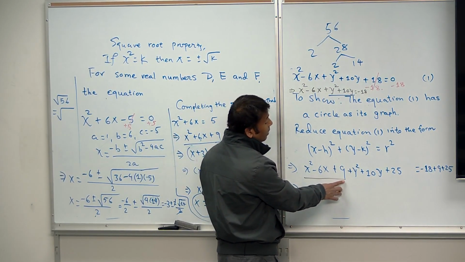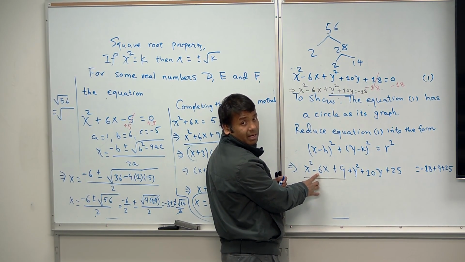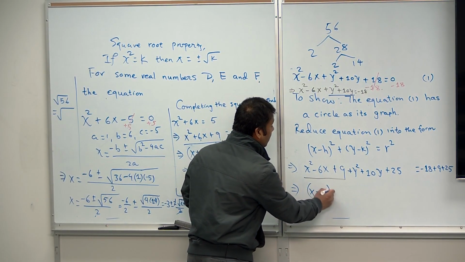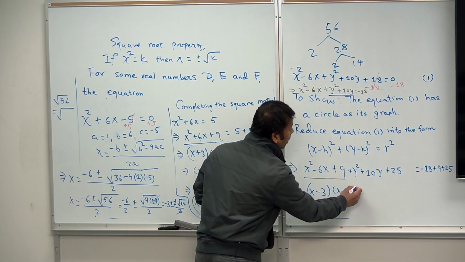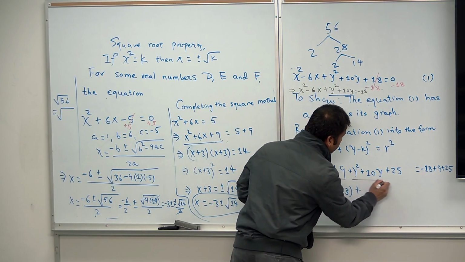Because you need to find the factors of 9 so that the sum is negative 6. So that's going to be x minus 3 times x minus 3 plus, can you factor this?